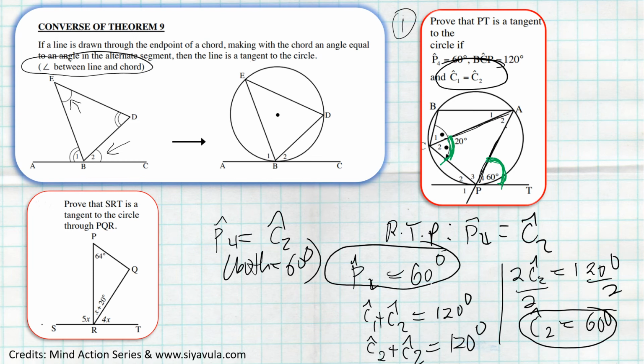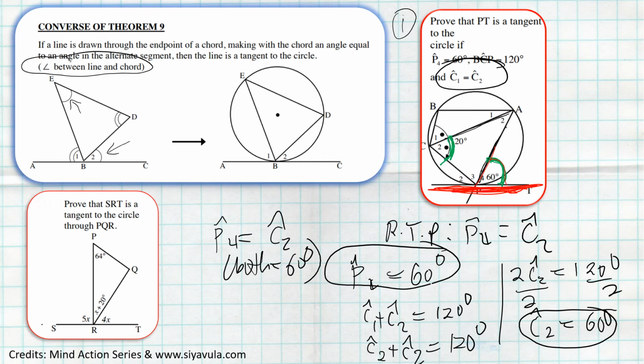It means that the angle between a line and the chord is equal to the angle subtended in the alternate segment, meaning that it's a converse tan-chord theorem. This proves that PT is a tangent, because that can only be possible because for a tangent and a chord, the angle between them will be equal to the angle in the alternate segment.